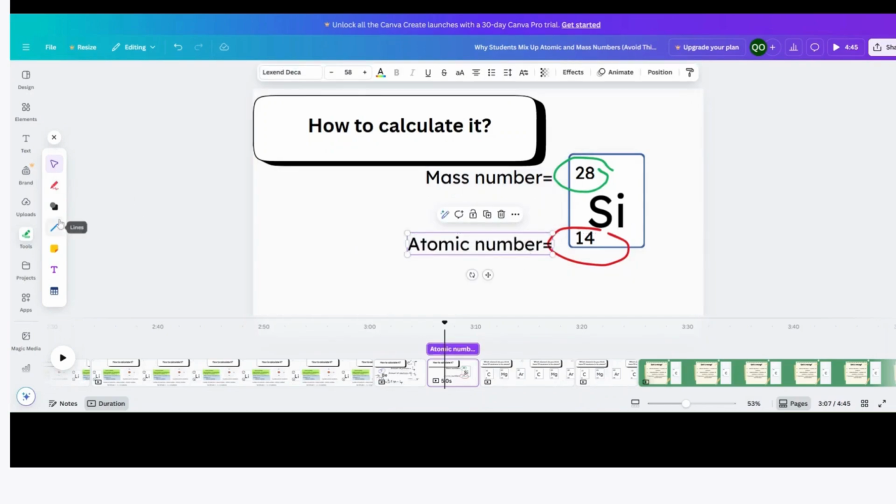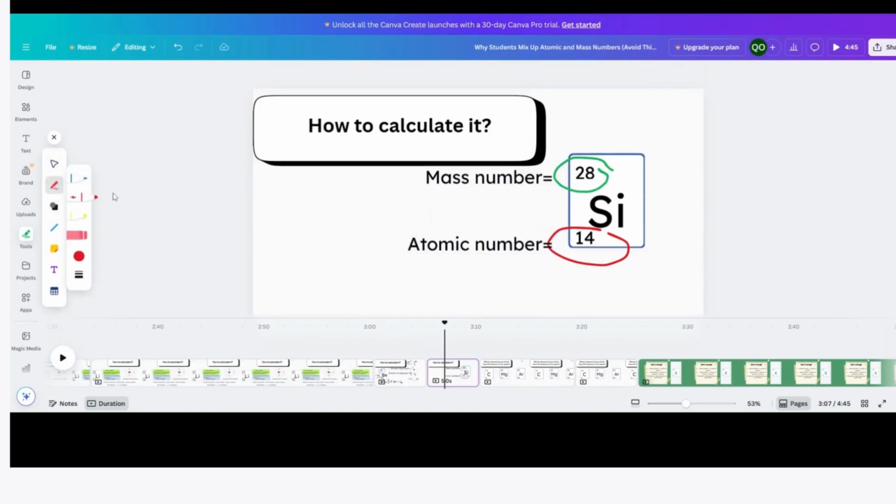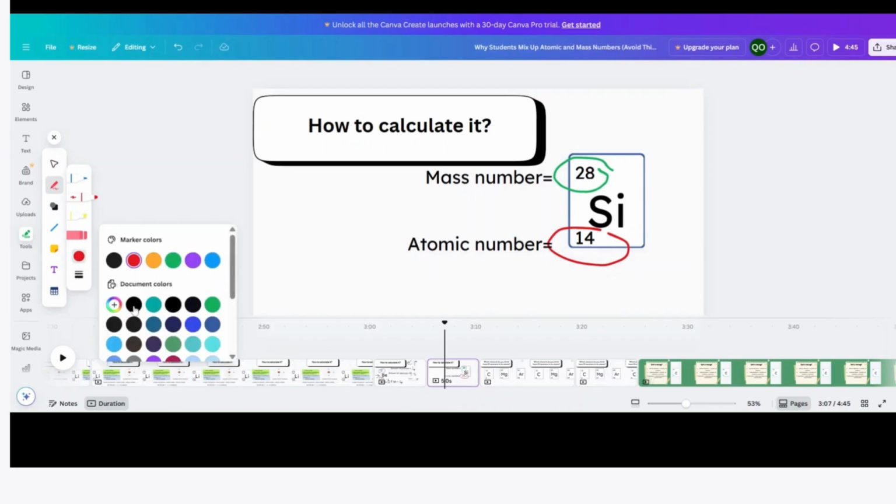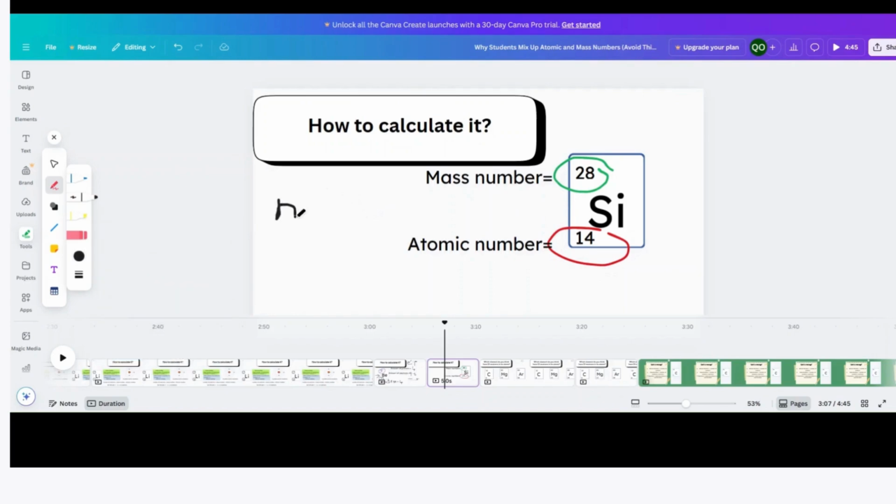Now, if they ask how many neutrons there are in this silicon atom? Okay, so then we can write this down. So we are working out the amount of neutrons. It's 28 minus 14. It is equal to 14.